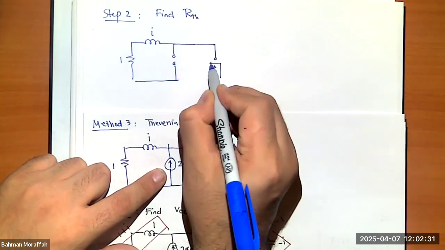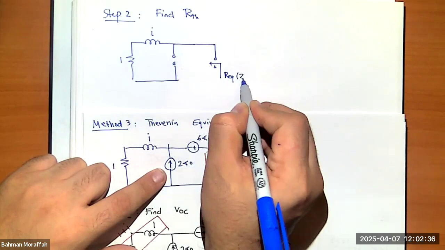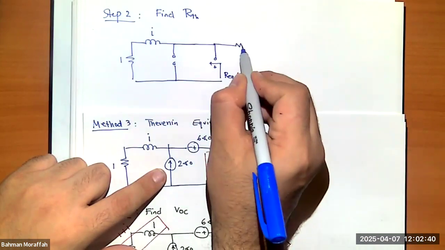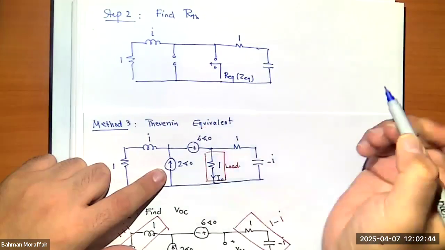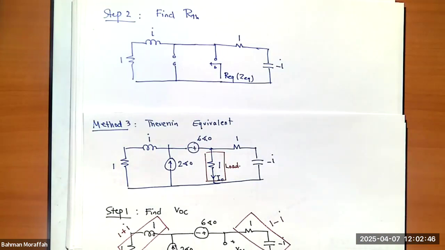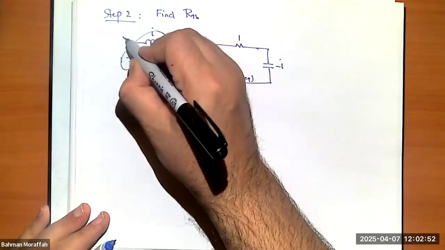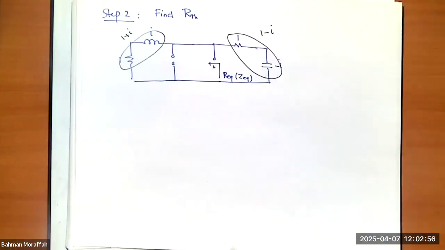This is still my load, and I have to find R equivalent or Z equivalent, and the rest of the circuit. Right? This is fairly easy, right? I have 1 plus I here, 1 minus I over here.